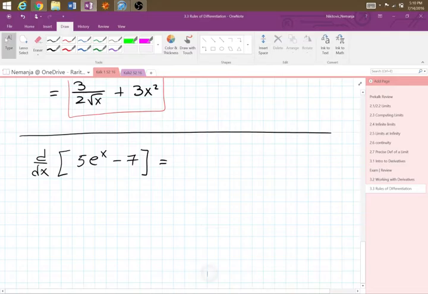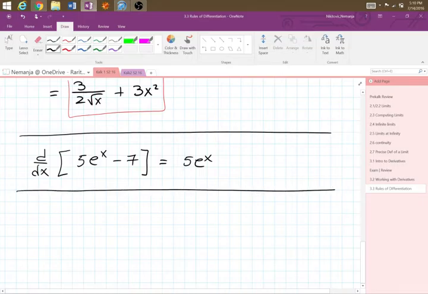Derivative of e to the x is e to the x. You have a 5 that multiplies it, that copies. And derivative of negative 7, which is the derivative of constant, is 0. So that just dies off, and the problem is solved. That's it. I hope you're not disappointed.